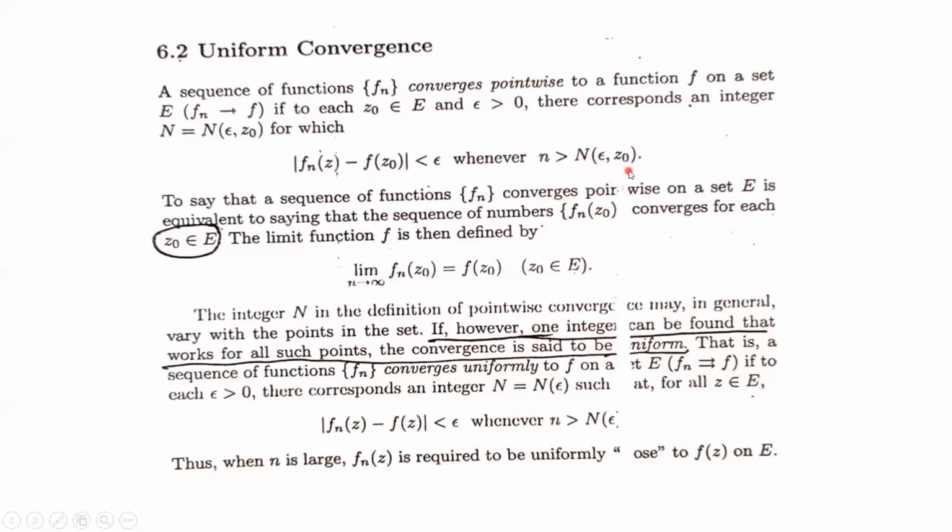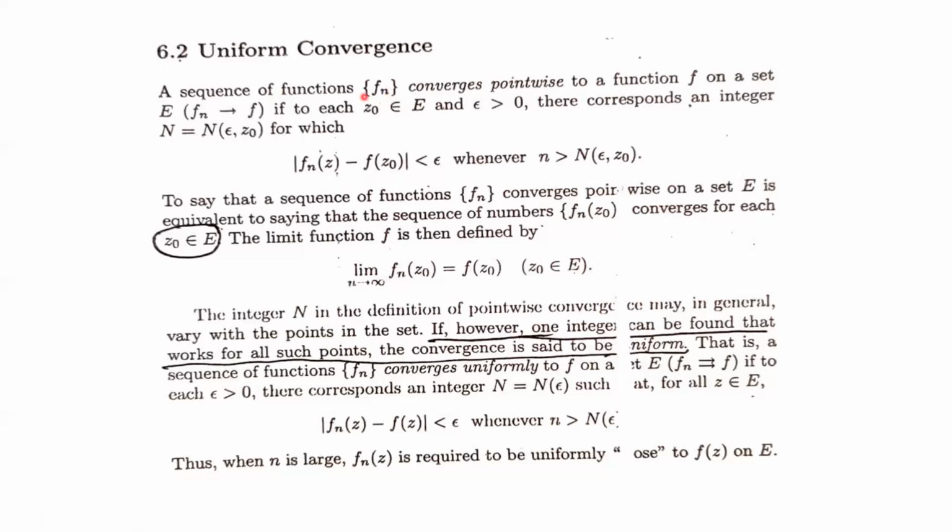So in summary, since f_n is a sequence of complex functions of a complex variable z, let us choose a fixed complex number z naught. Then f_n(z naught) will be a sequence of complex numbers.